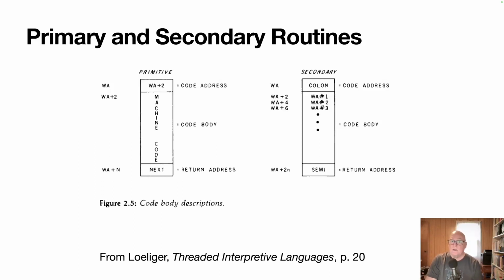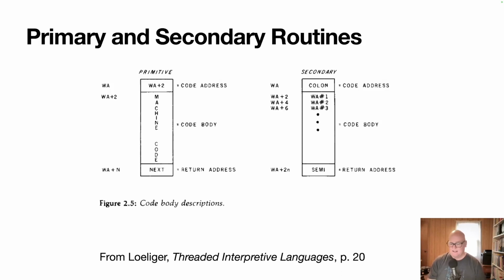It's going to call that routine, call the second, call the third, all the way to the end. And the end is always a routine called semi, which is basically a return, so whatever called this secondary gets control again.